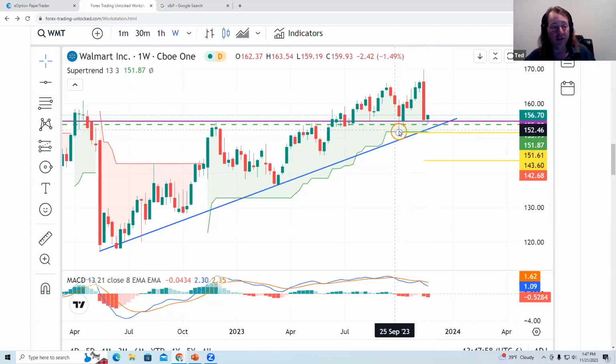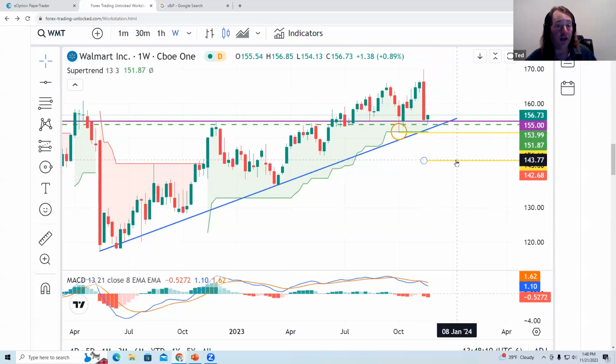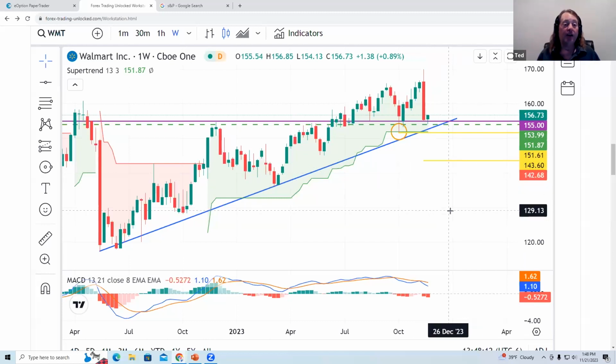You're also taking out this last higher swing low. This is key support. So if you take out the last higher swing low and the trend line, that adds to us potentially hitting this 143 area. So now you're looking at a $13 move. You're looking at almost the same move to the downside as potentially to the upside should economic numbers be good.